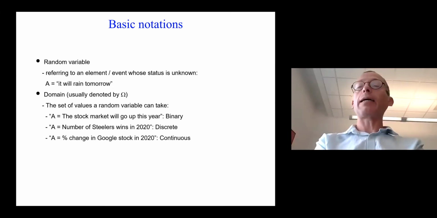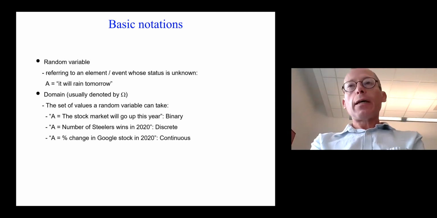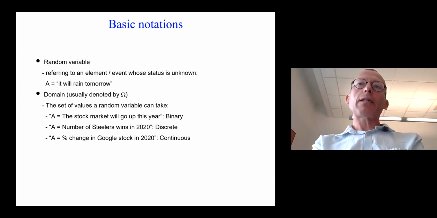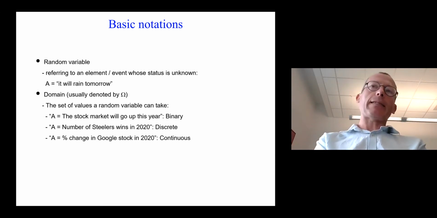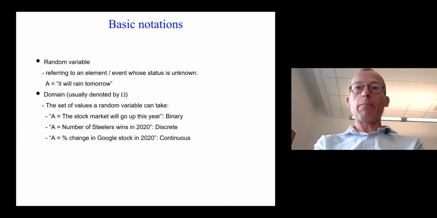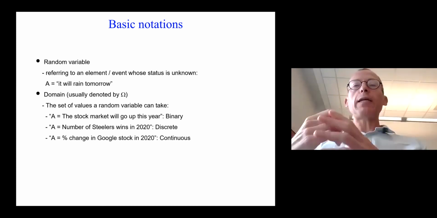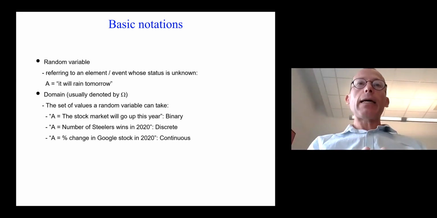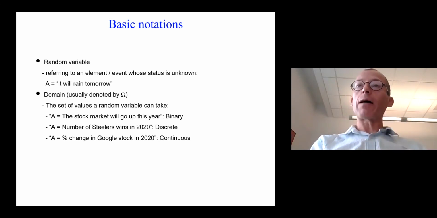If we look at games in a football season, usually there are 16 games in the regular season, so you can have a discrete probability for the number of wins. Or you can have continuous random variables, either within a specific range or unbounded in terms of the distribution. Each of these domains represents a set of values that the random variable can take.